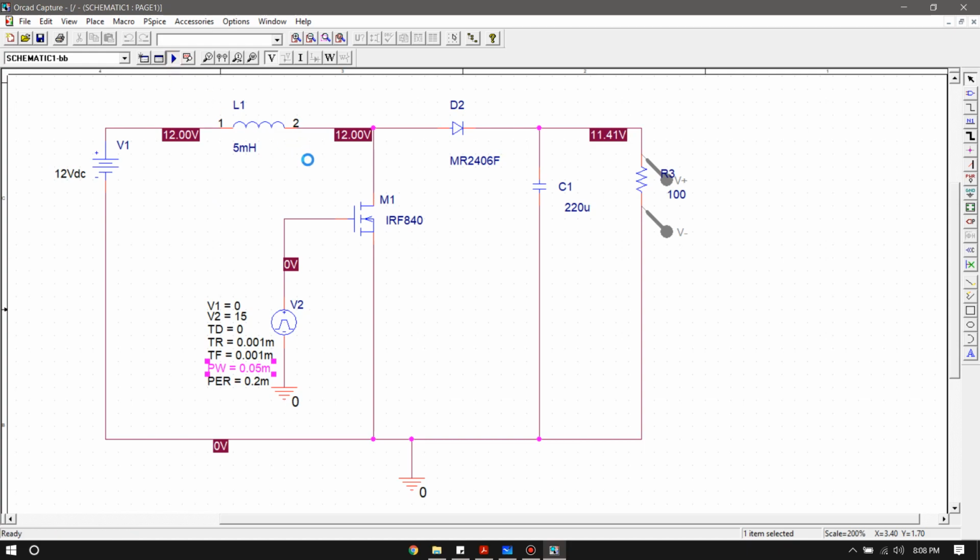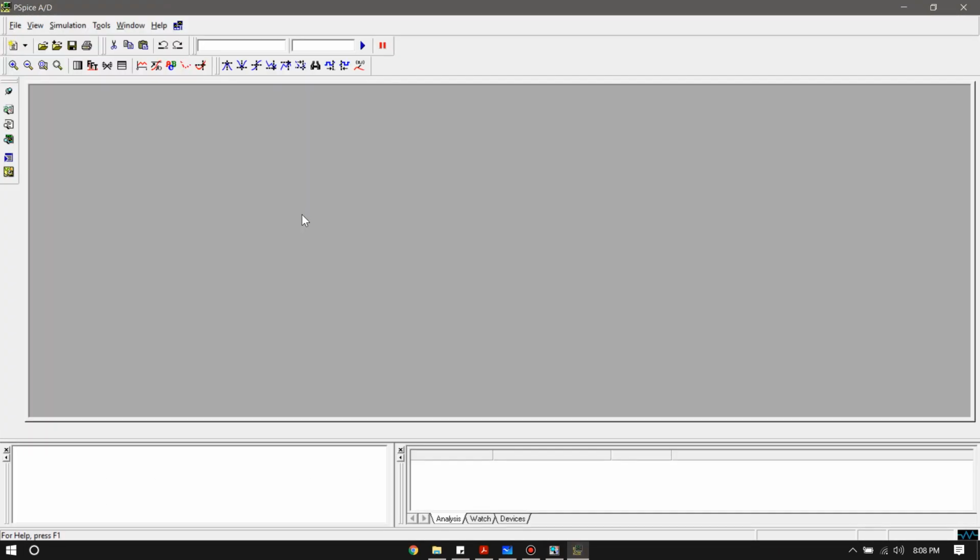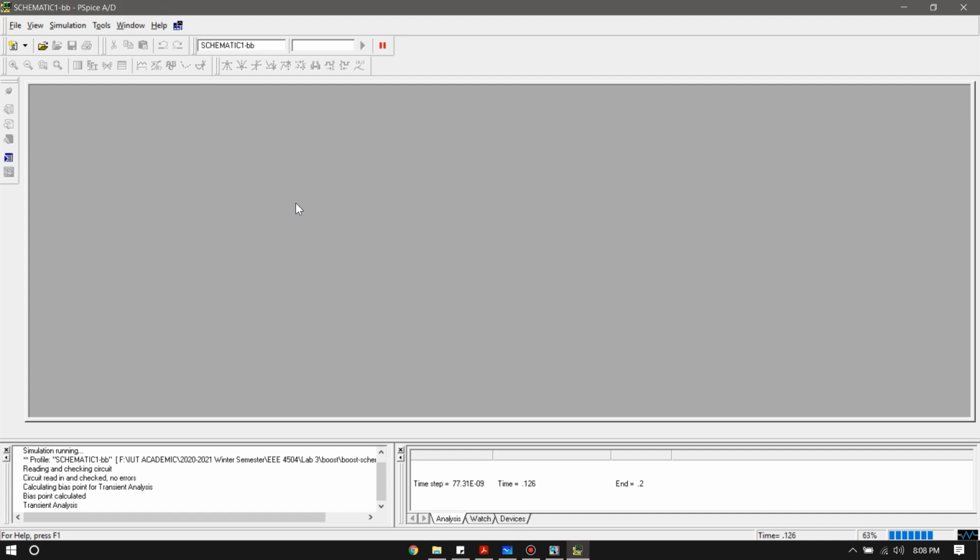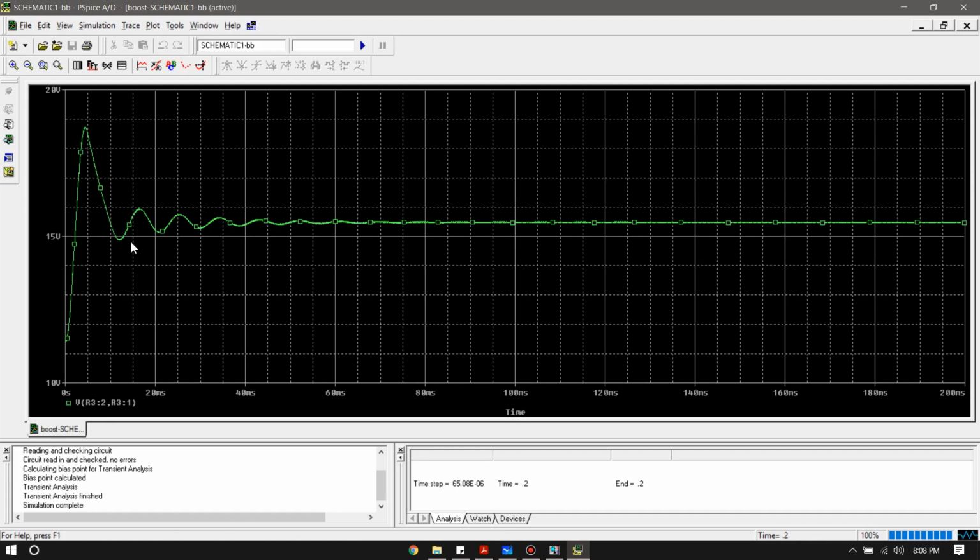Yeah, so let's run that. Yeah, around 16 volts. I think it's a bit less than 16 volts, but we're getting close to 16 volts. So this is when the output is decreasing as we decrease the duty cycle.